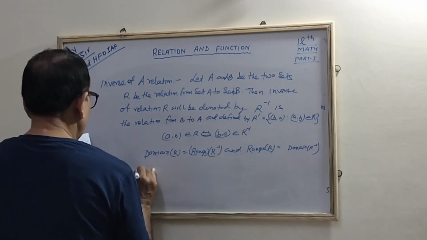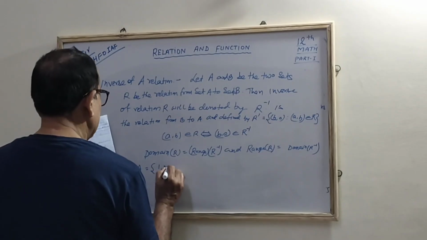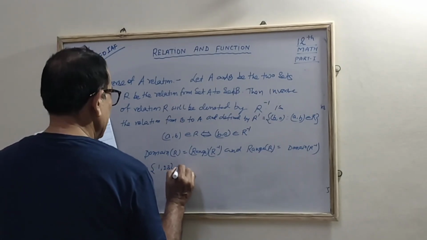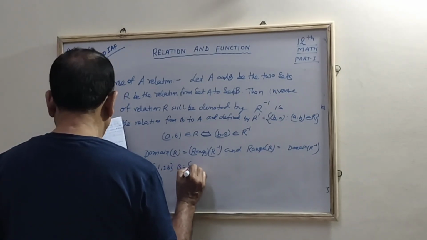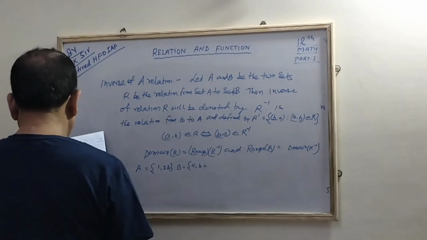Suppose, for example, A is given as 1, 2, 3. A is the set. Correct? And B is another set which has the elements a, b and c.